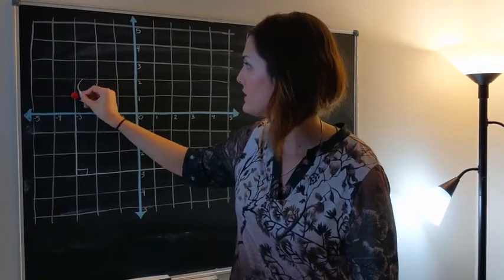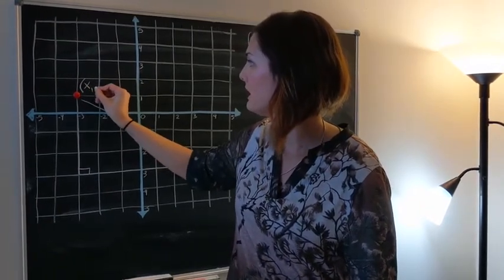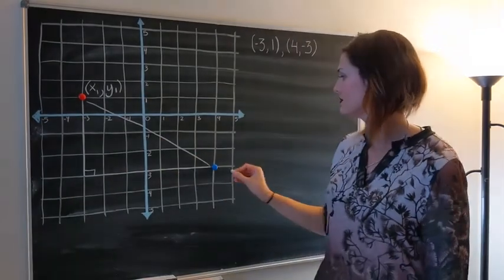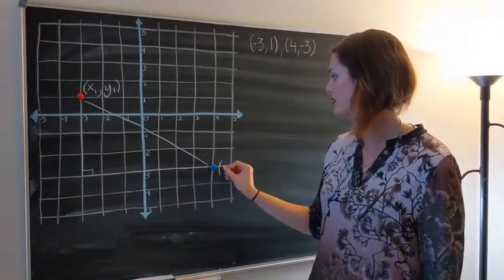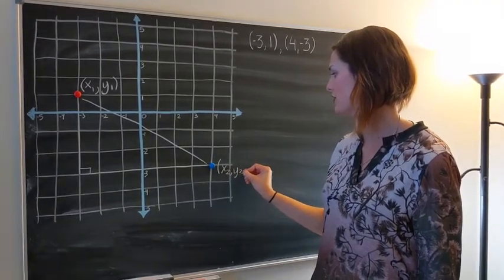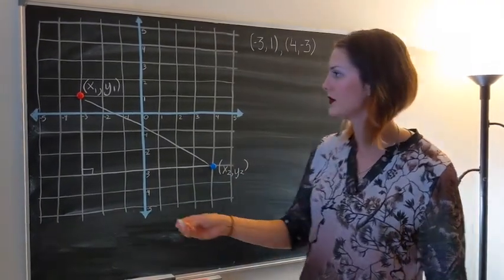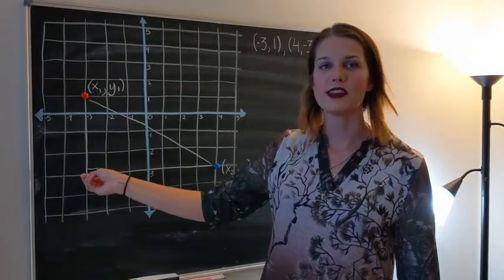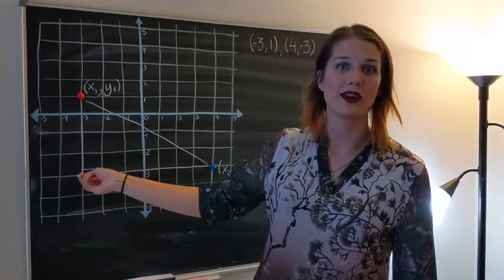Now, if this first point is (x1, y1), and this second point we'll call (x2, y2), just to make it as general as possible, we can find the height of this right triangle by finding the difference between the y coordinates.